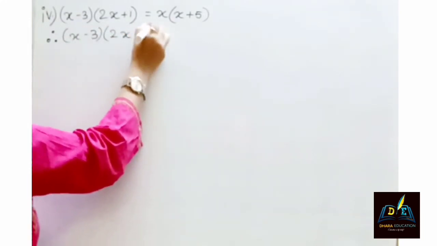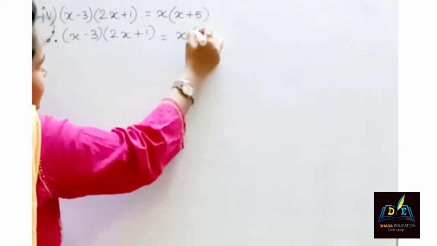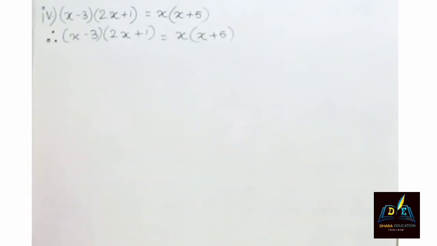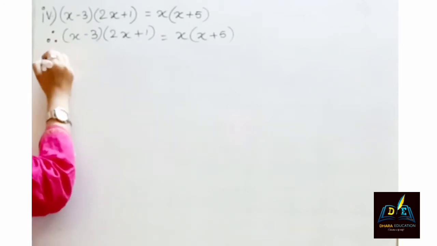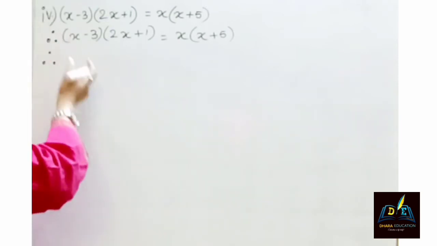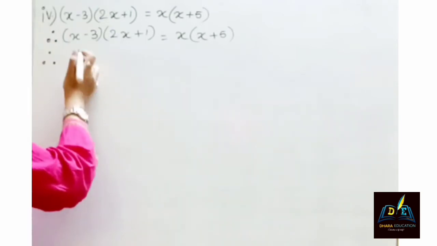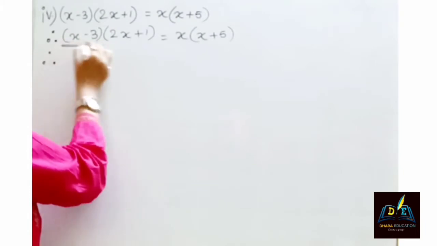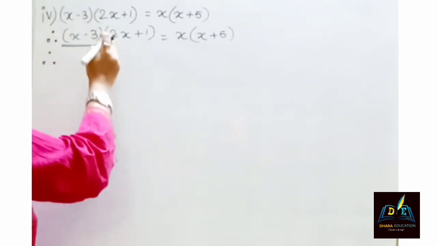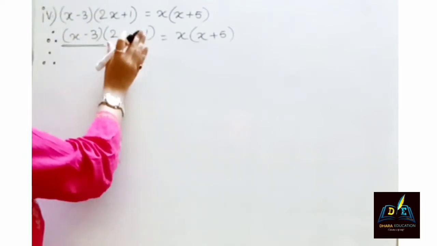Now, the next step will be, as we have already solved the last sum, that is the third sum, we have to do the same procedure on it. We need to break this term and then multiply with the complete term of this.